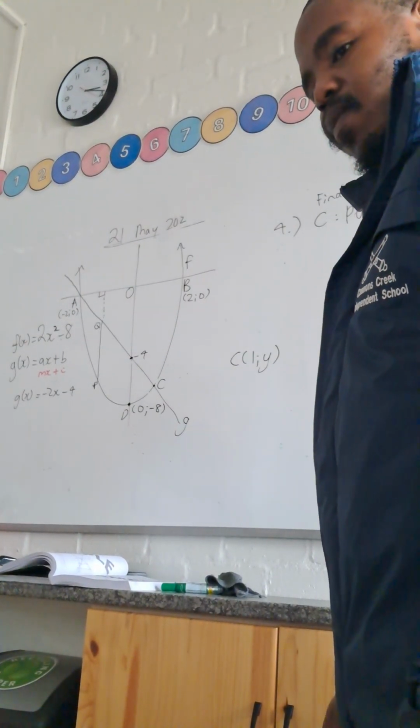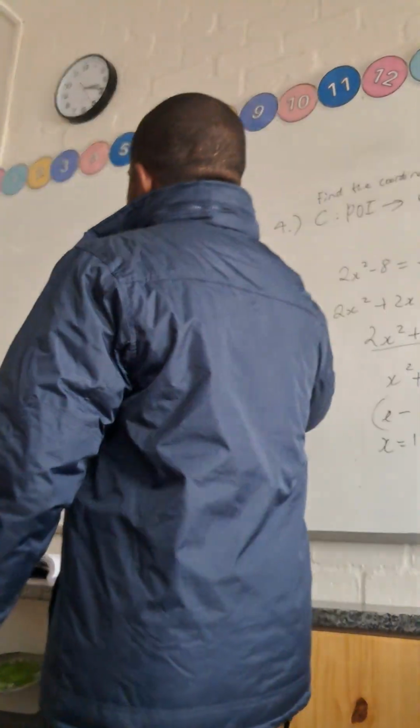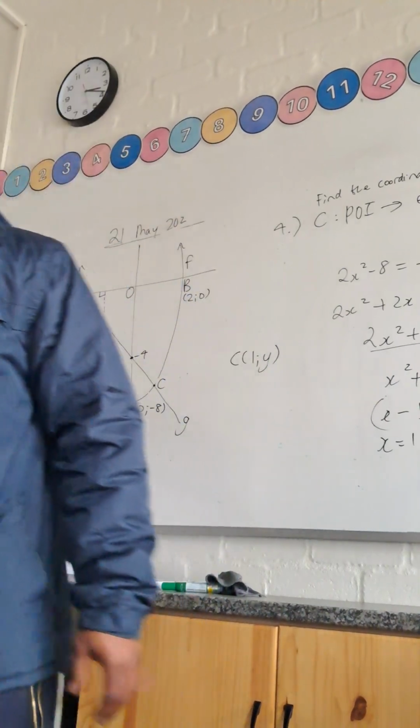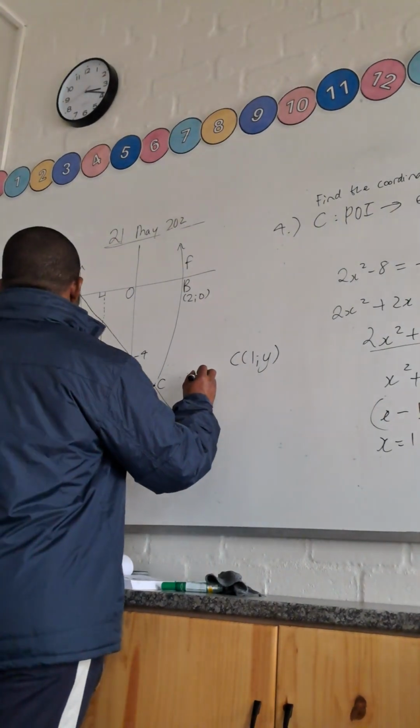Does that make sense? So you sub the x value into either one of these two line equations. You can also sub into the parabola equation. There's no rule about that, but I just prefer the line equation.